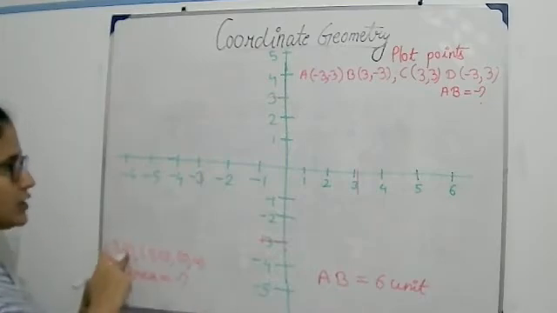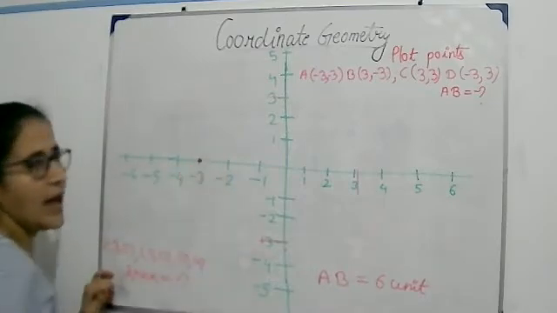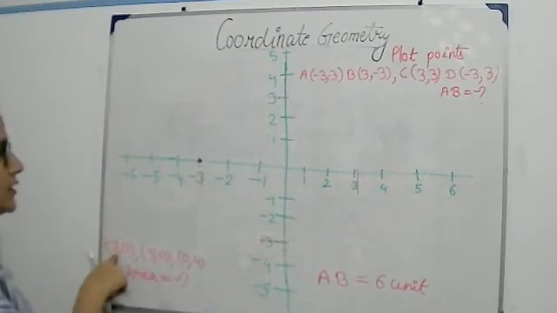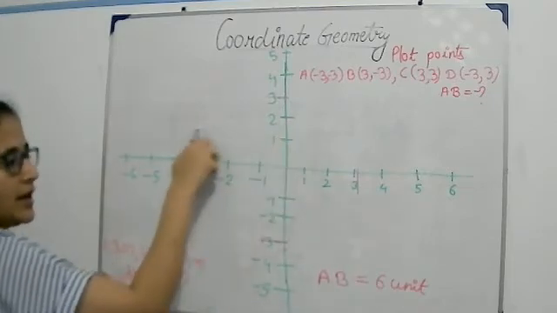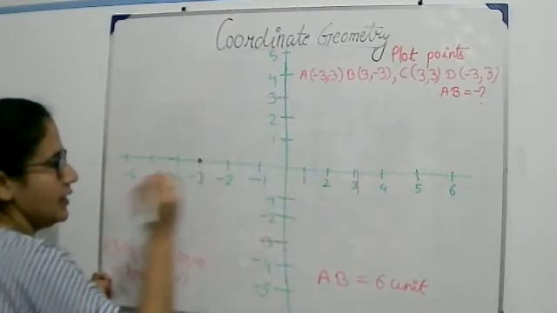So here it is 0, that means on the x-axis, and minus 3 distance from the y-axis. So the point will be here.